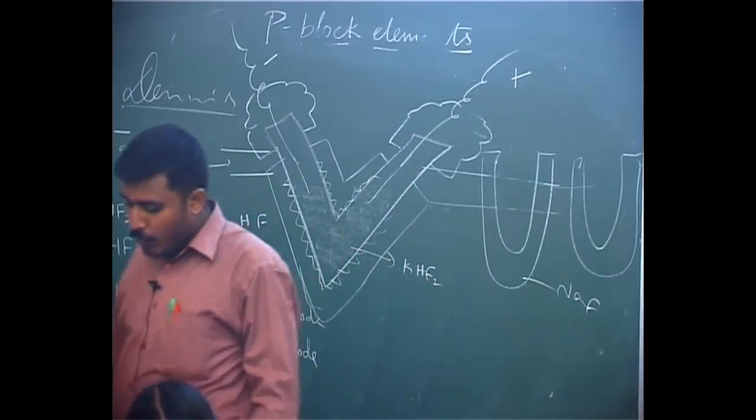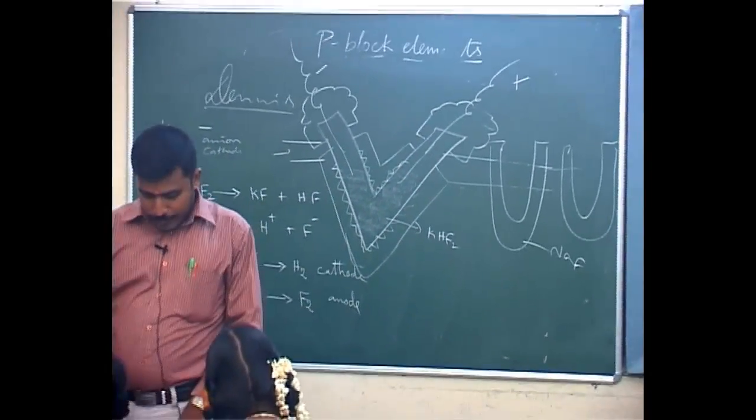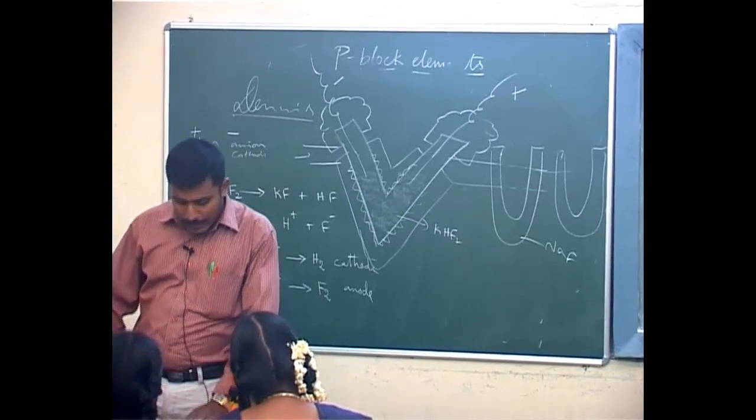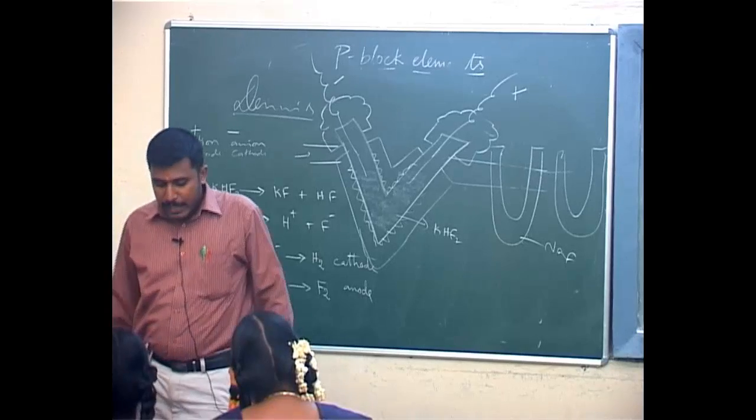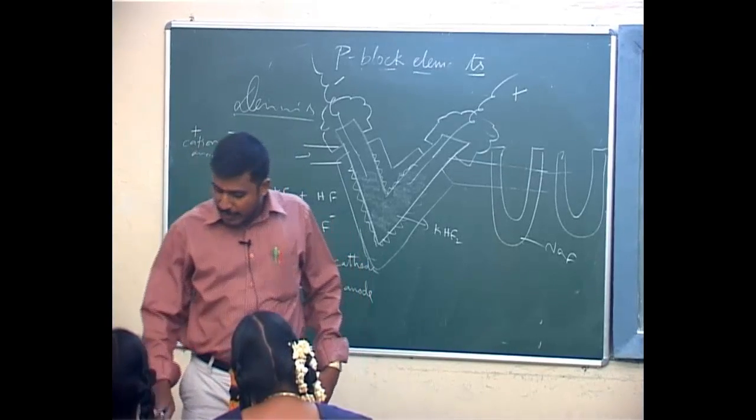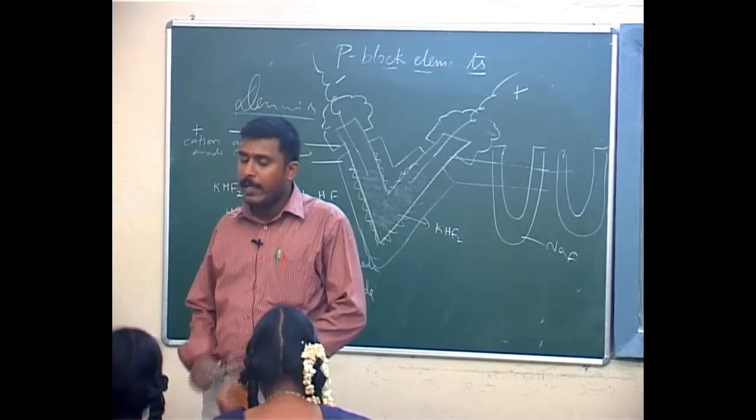Fluorine liberated at the anode is passed through a U tube containing sodium fluoride. This removes the hydrogen fluoride vapors coming with fluorine.